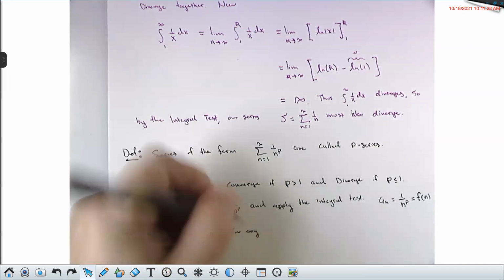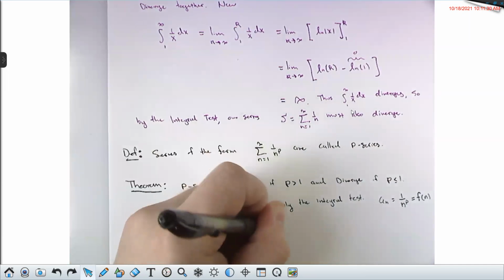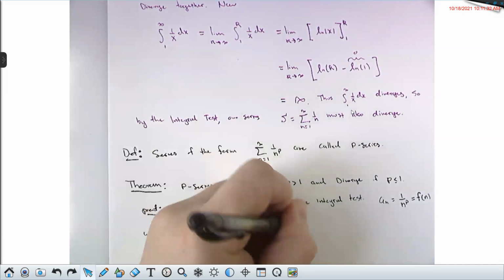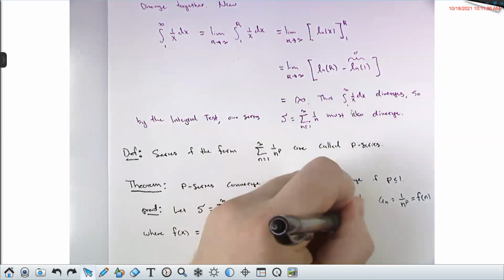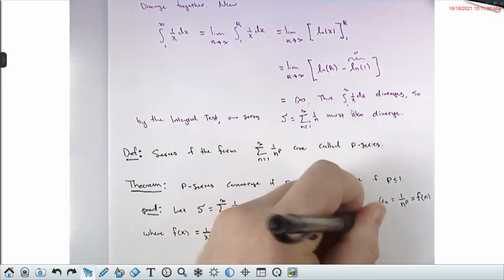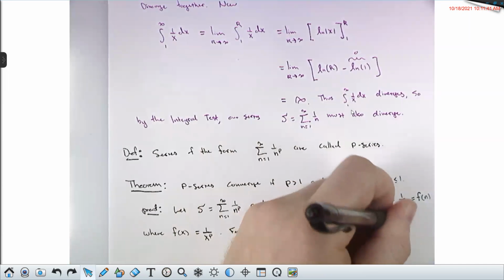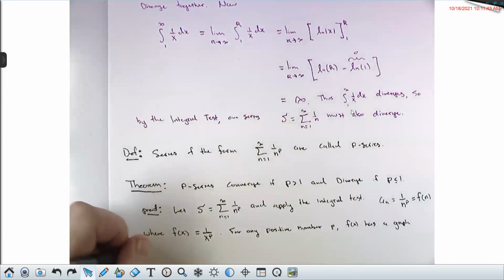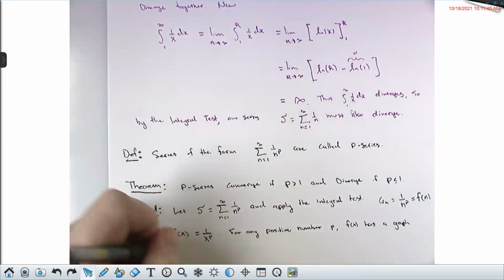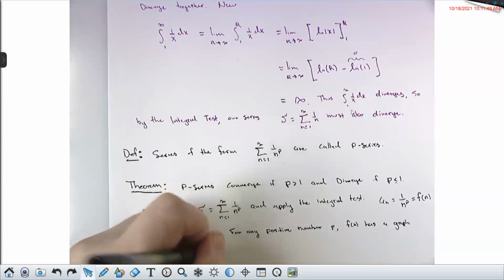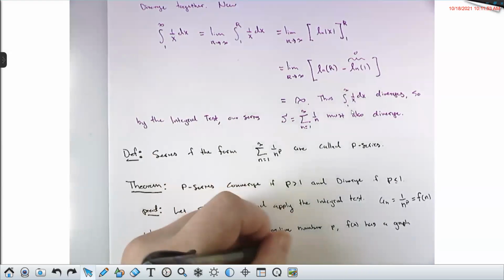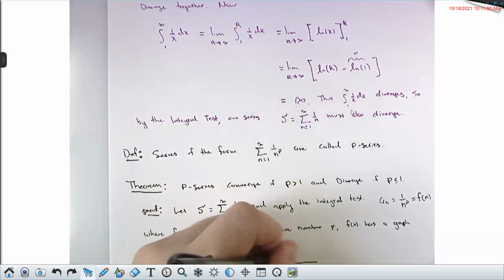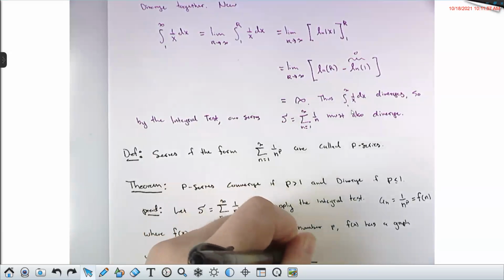For any positive number p, f of x has a graph which in the first quadrant looks like the 1 over x graph.